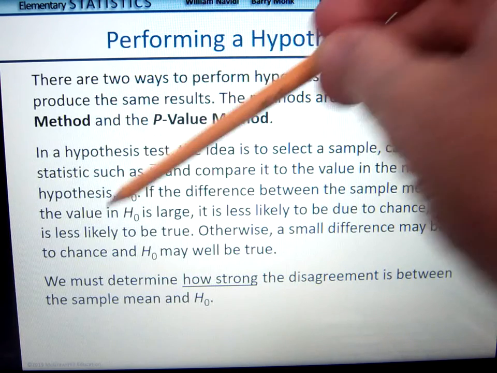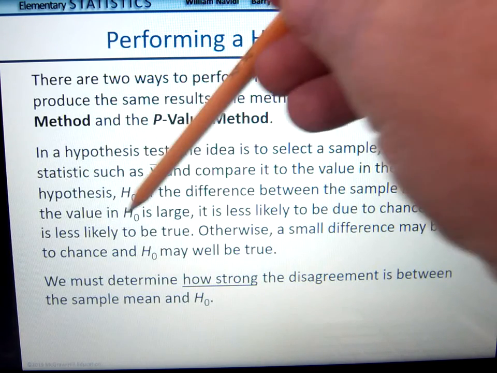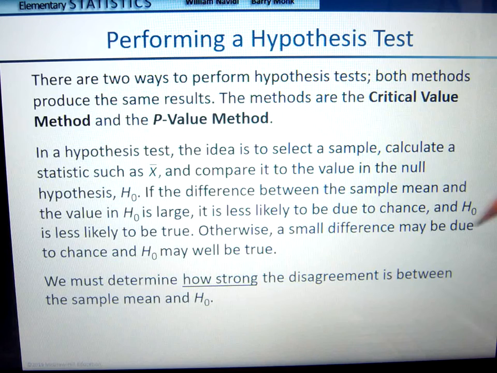So we're going to have to determine how strong the disagreement is between the sample mean and the null hypothesis. If it's large, the null is less likely to be true. If it's a small difference, it is likely to be true, or may be true.